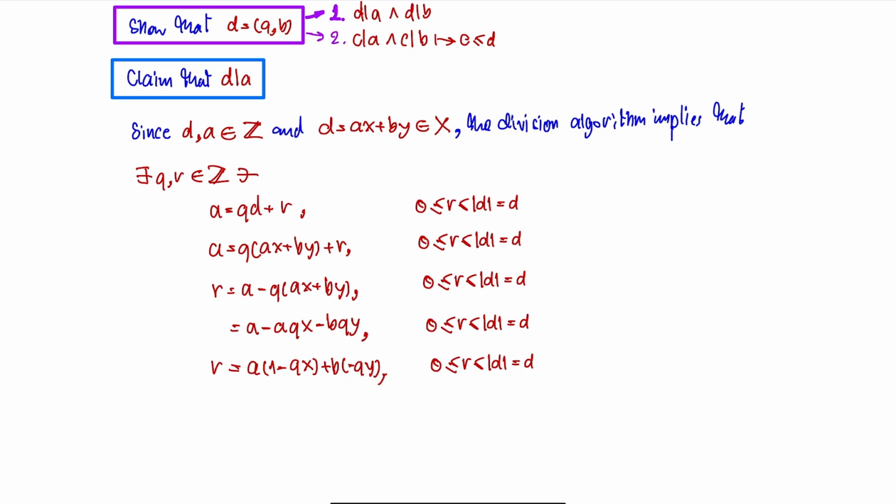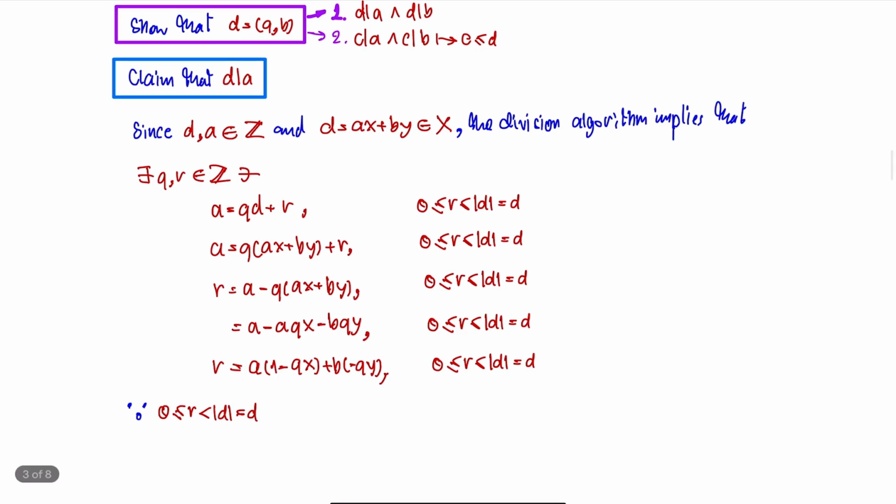So now let's focus on this inequality. Since r is greater than or equal to 0 and less than the absolute value of d, which is d, what does this mean? This means that r can be 0, or r is greater than 0 and less than d.